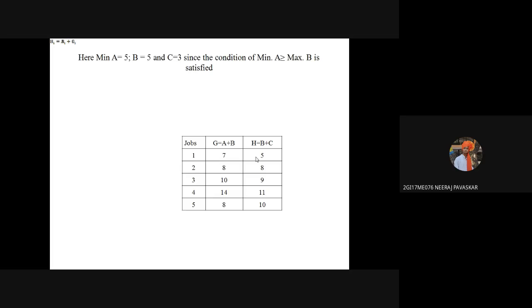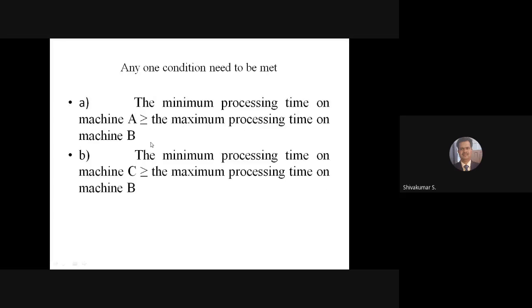Sir, any one condition should be satisfied, like minimum of A should be greater than or equal to B, or minimum of C should be greater than or equal to B? Yeah, any one. Yes, sir. I think it's written here. Or, okay, written here, no? Any one condition needs to be met.